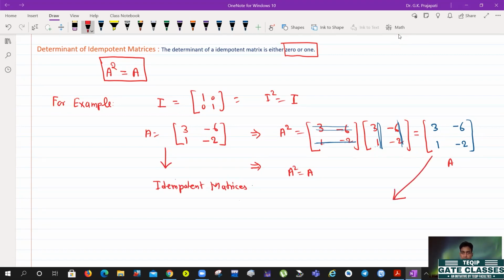Then what will be its determinant? Determinant of A equal to 3 into -2, that is -6, minus 1 into -6, that is -6. This will be 0. So the determinant of idempotent matrices will be either 0 or 1.